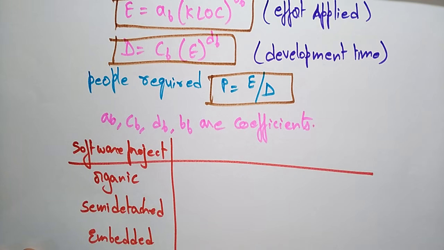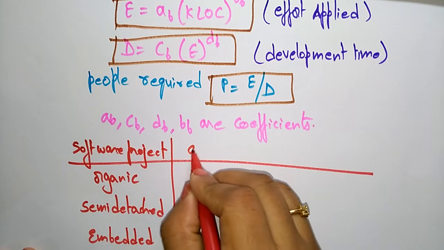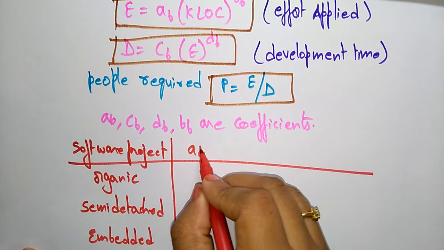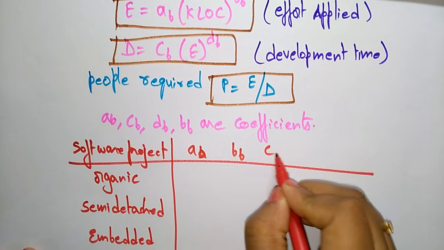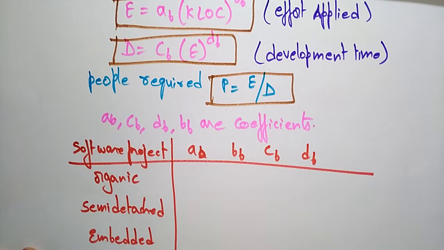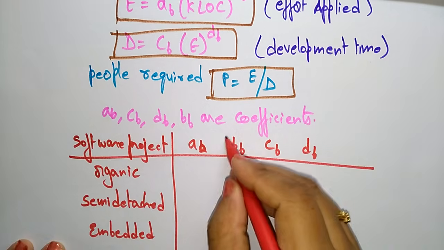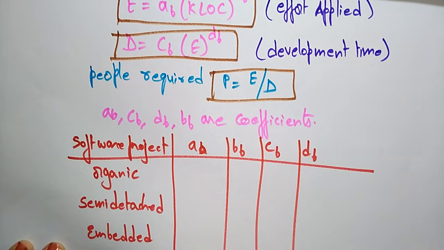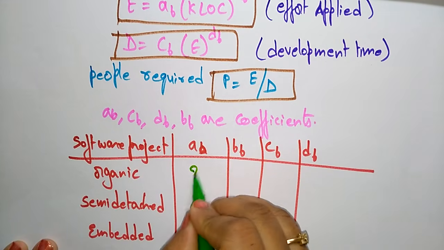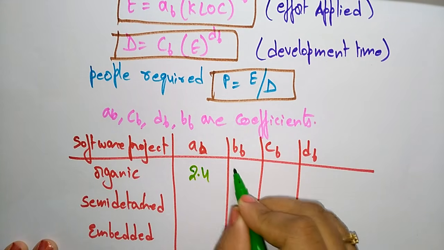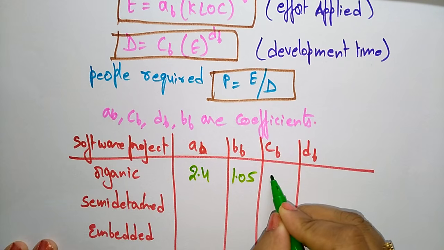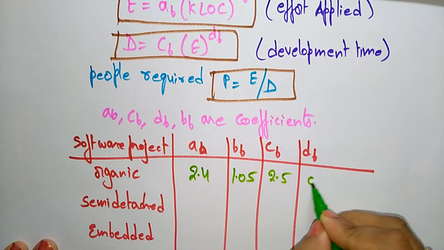The coefficients for this are ab, bb, cb, db, and let me write the constant values. Organic: 2.4, 1.05, 2.5, 0.38.